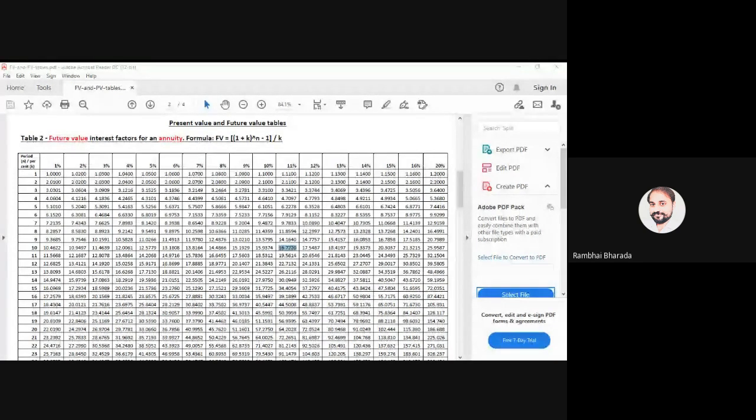This is your step number 3. Go to the table, look at the value. Now we have found the value, and now put this value in the question. What value did we get?